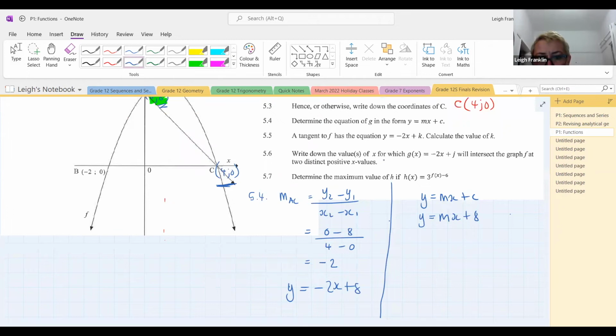So if you say 0 is equal to m times 4 plus 8, then you would have 4m equals -8. So m would be equal to -2. That's the other way you could do it if you wanted. So thus y equals -2x plus 8. All right, just as an alternative there.